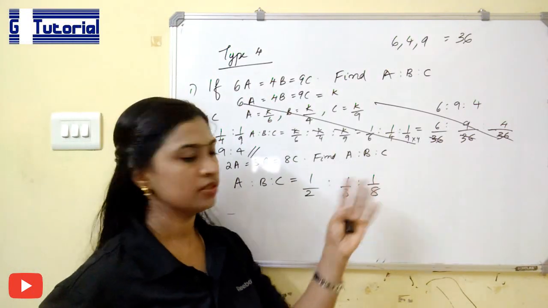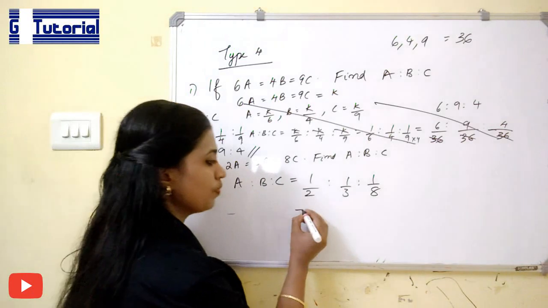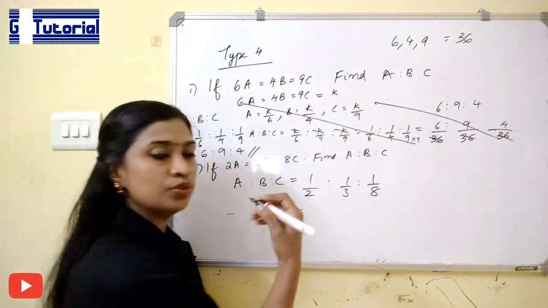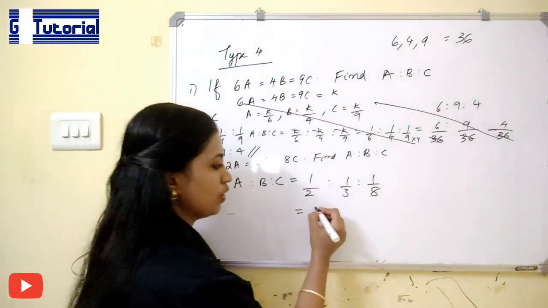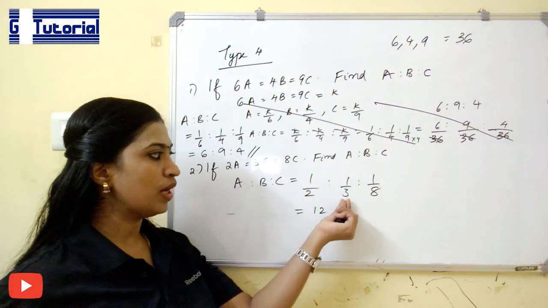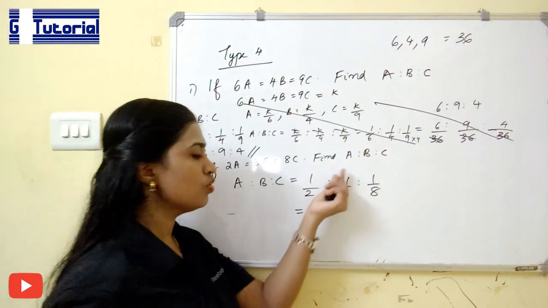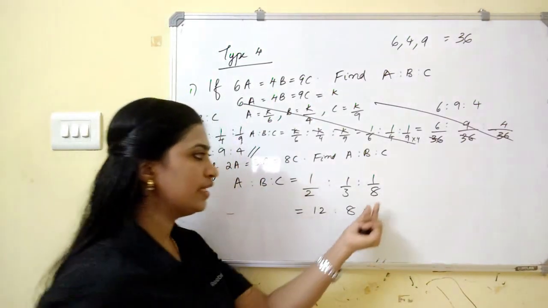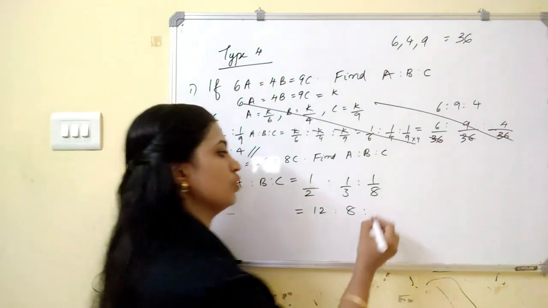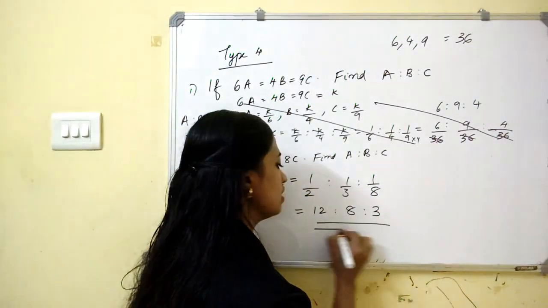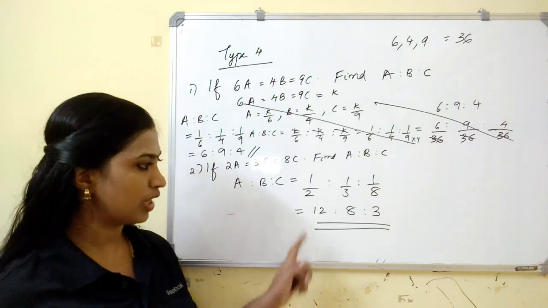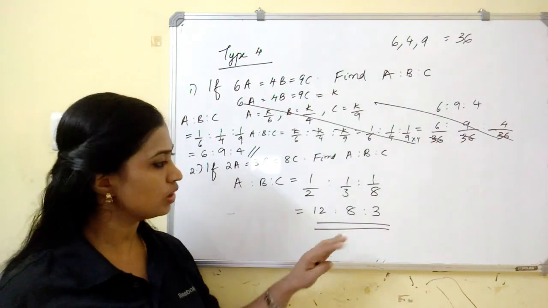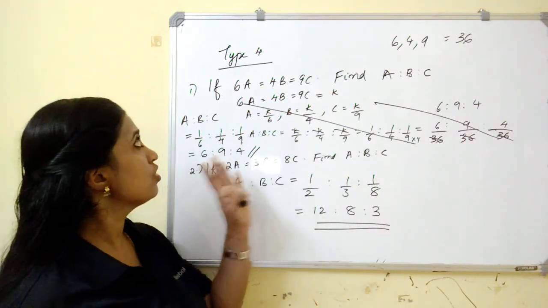You can check, 24 is the LCM. 2 into 12 is 24, so 1 into 12. 3 into 8 is 24, so 8. 8 into 3 is 24, so 3. So 12 is to 8 is to 3. This is the required ratio. Can't simplify further. This is the 4th type of problem.